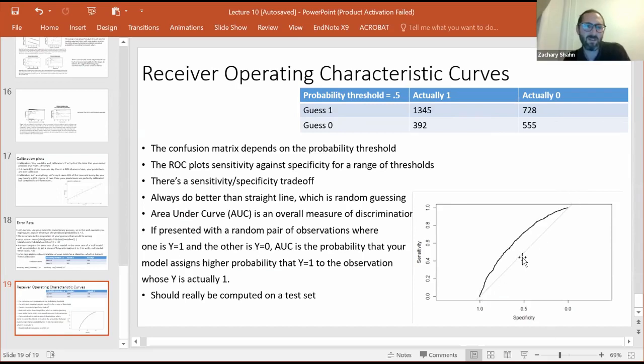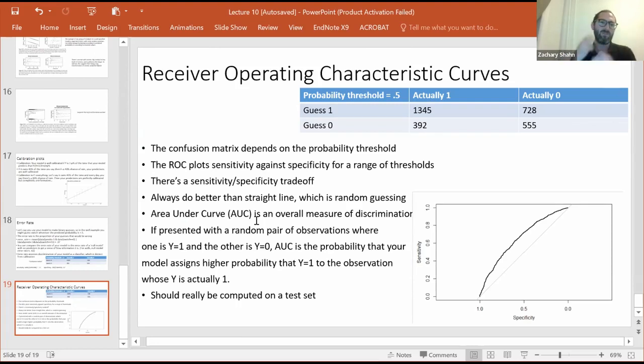Random guessing will just give you the straight line, or an AUC of 0.5. So the AUC should always be greater than 0.5. It also has this interpretation as the probability that if you're presented with a random y=1 observation and a random y=0 observation, your model will assign a higher probability of being 1 to the y=1 observation than it would to the y=0 observation.